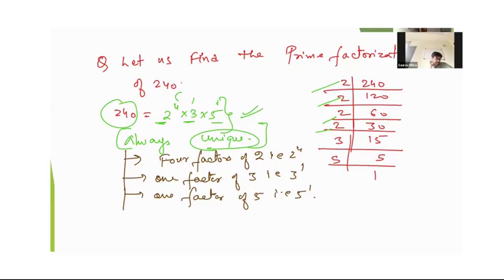So this is the expression of a composite number in terms of primes, and this expression is always unique. By uniqueness, we mean that if this expression has 4 factors of 2, represented as 2 to the power 4, 1 factor of 3, represented as 3 to the power 1, and 1 factor of 5, represented as 5 to the power 1, then if we multiply, we get 240.